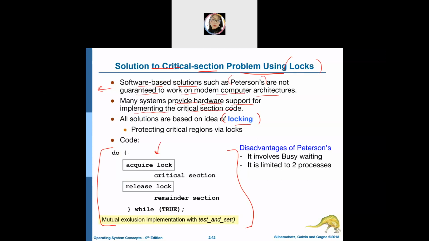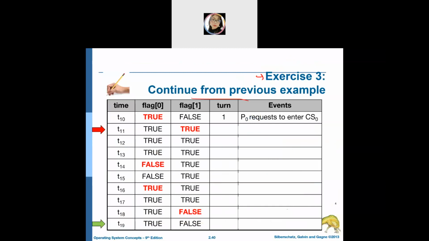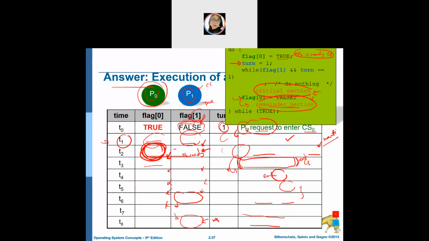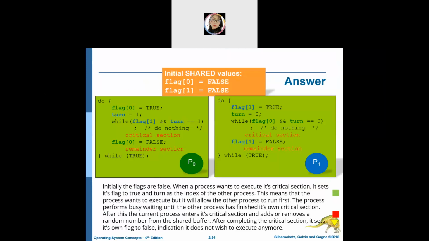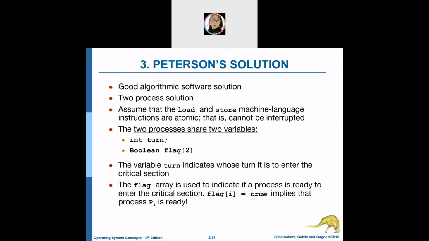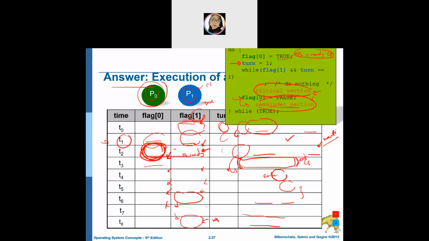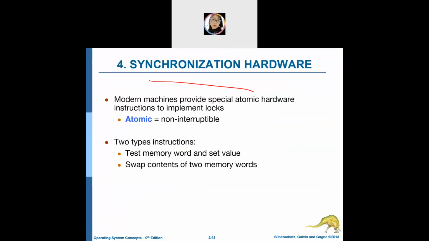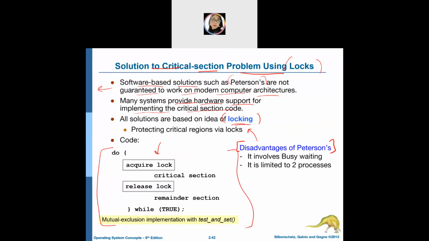And why do we want to have a solution using lock instead of using turn? This one is using turn, using Peterson. So you're going to see this one, using a turn and also flag. Now we try to look deeper using the lock. Peterson has disadvantages, as I already mentioned, right?